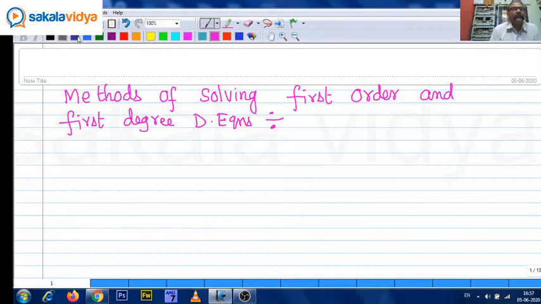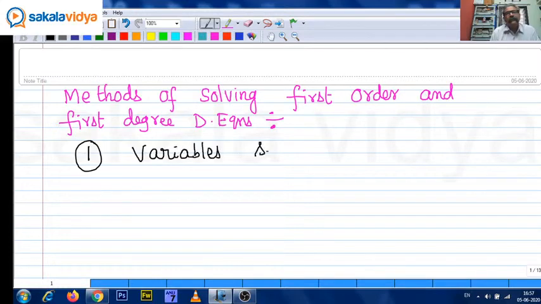So the first method we have is variables separable. In the previous case I have done variable separable itself only.